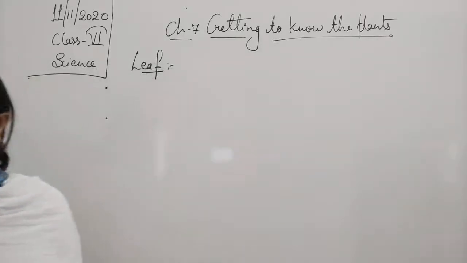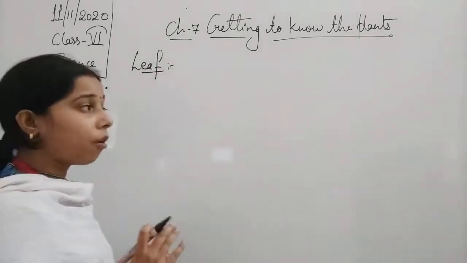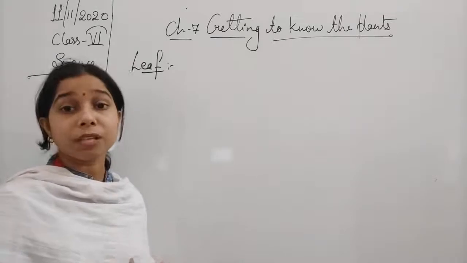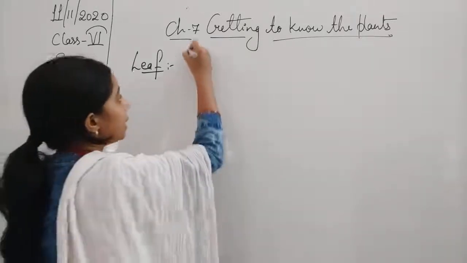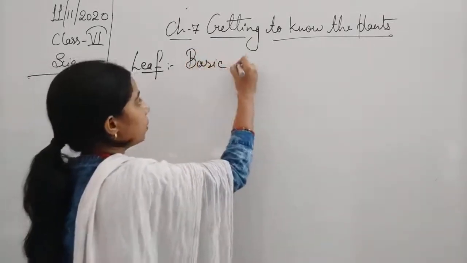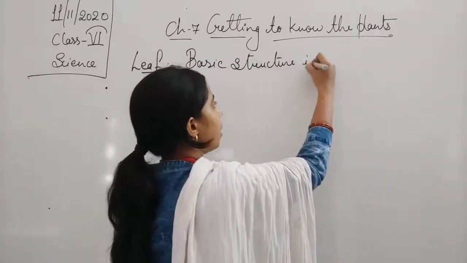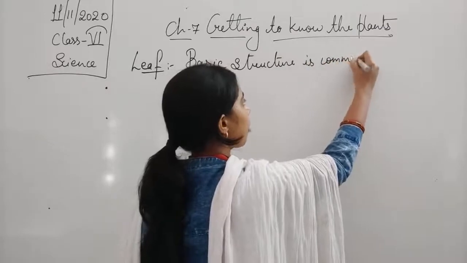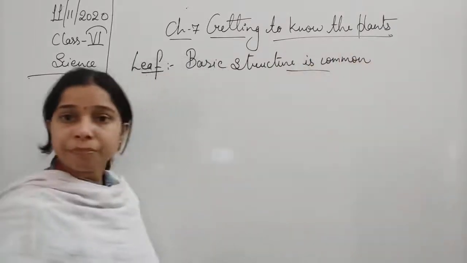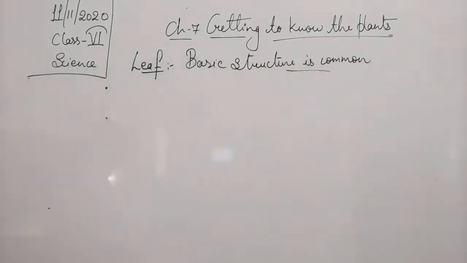Now if we talk about the leaves, although the shape and size vary, their basic structure is common. The basic structure is common. How, students? So what is that structure?